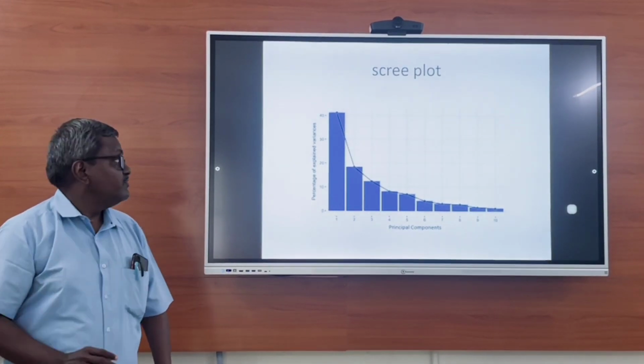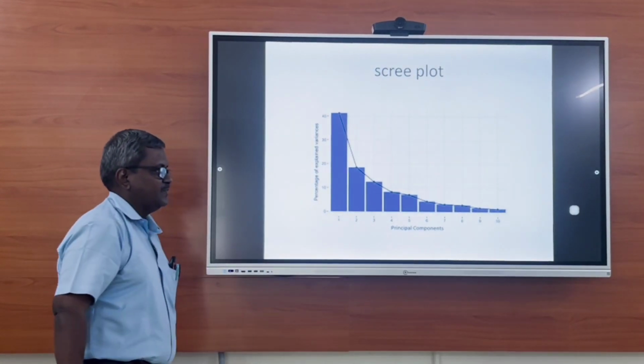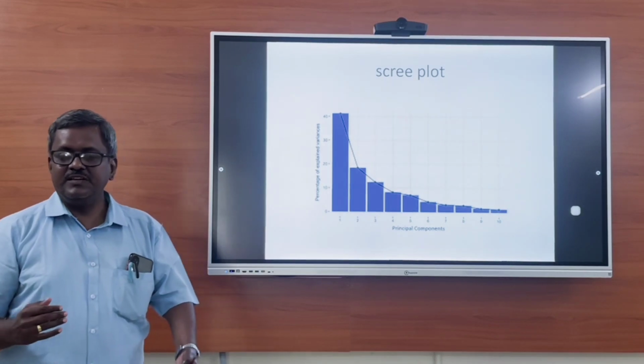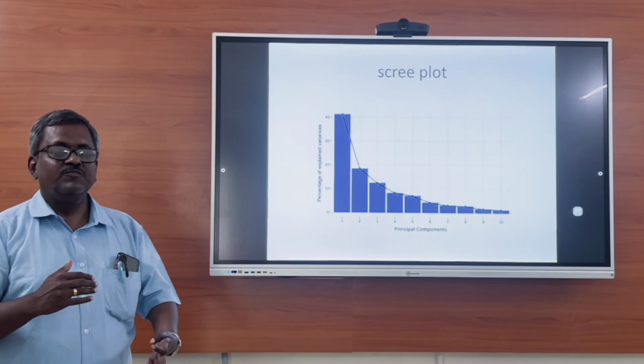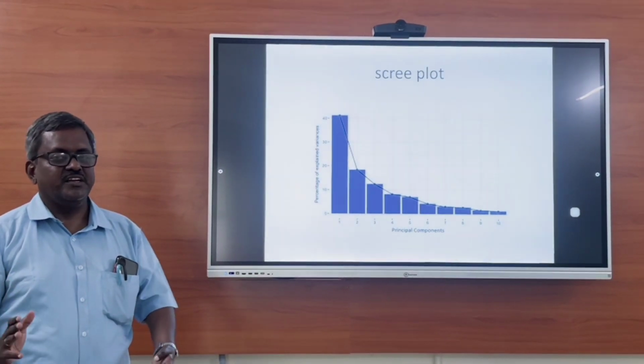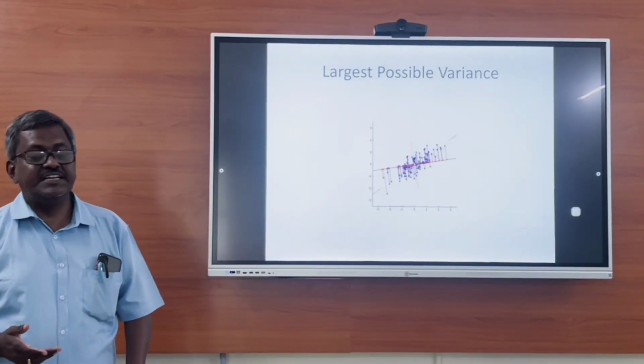So in this example we can take the first 3, so that we get the result of the calculations very near to all the 10 attributes. So now we will be talking about standardization.